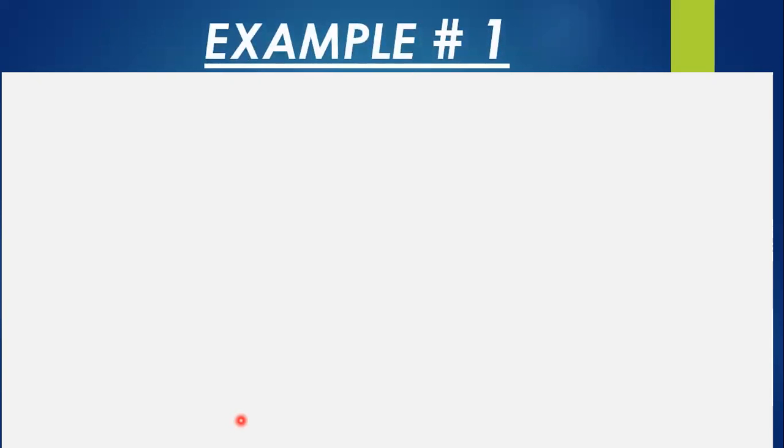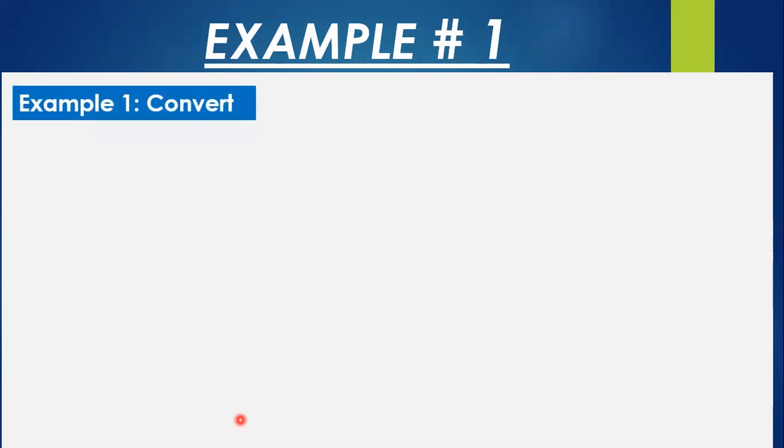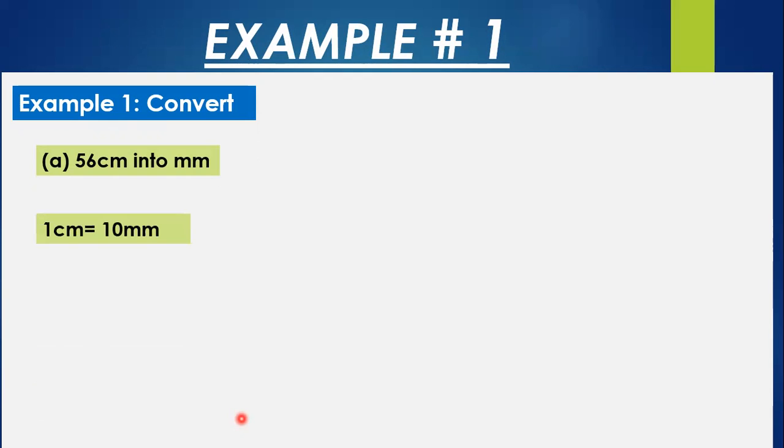Now we move towards conversions. Take a quick review of conversions. Example number 1: convert 56 centimeter into millimeter. Students, remember 1 centimeter is equal to 10 millimeter. You want to convert 56 centimeter into millimeter, so what should we do here? We have to multiply by 10.